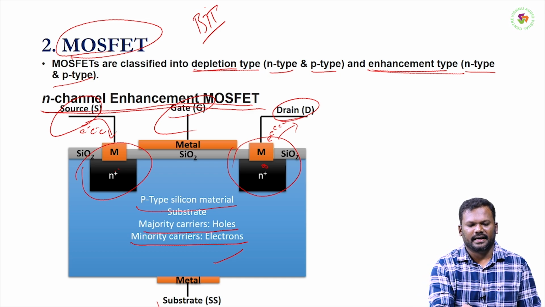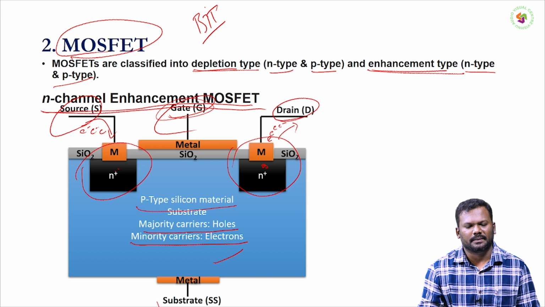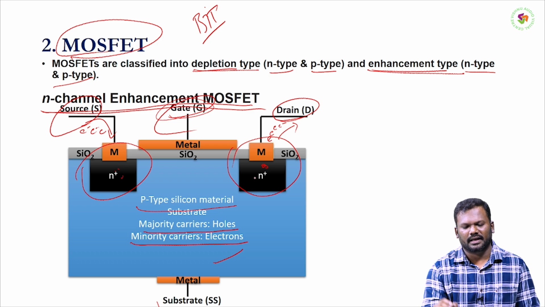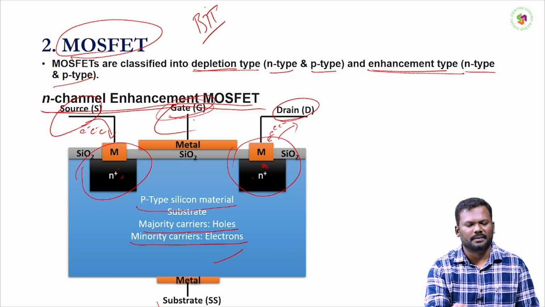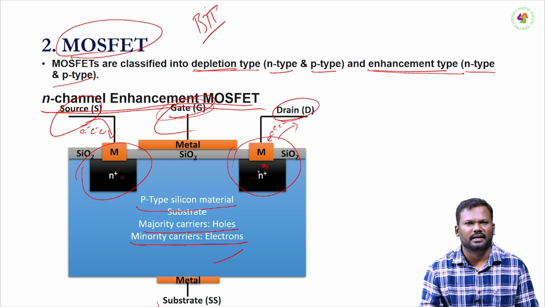And next, the gate terminal. The gate terminal is a very important terminal. It controls the flow of electrons from the source region to the drain region. It is like a tap.